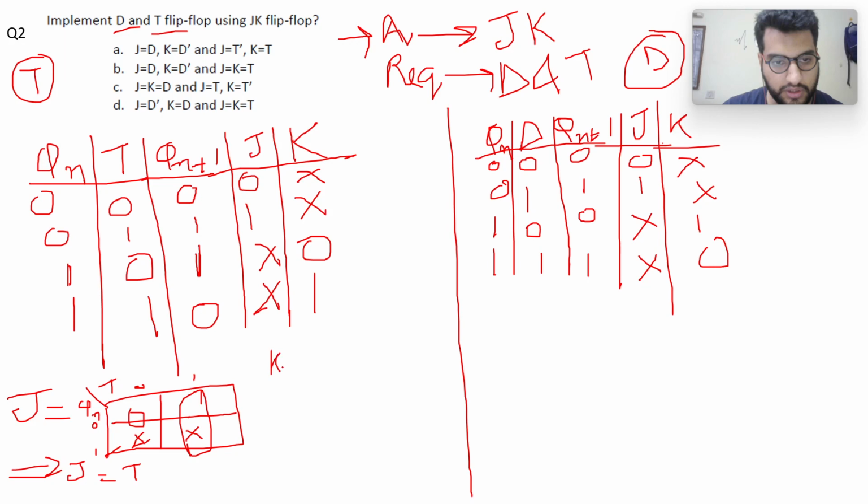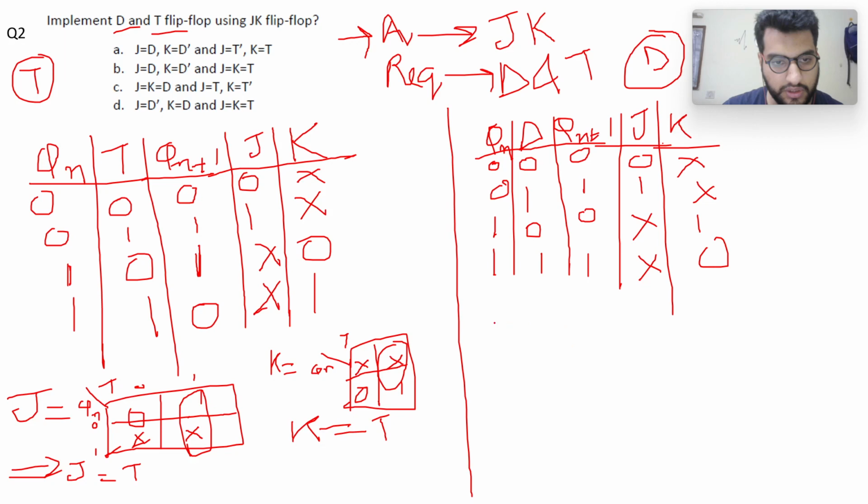Now similarly for K also, this is Qn and this is T. So 0 0 is x, 0 1 is x, 1 0 is 0, and 1 1 is 1. So again K is equal to T, right?